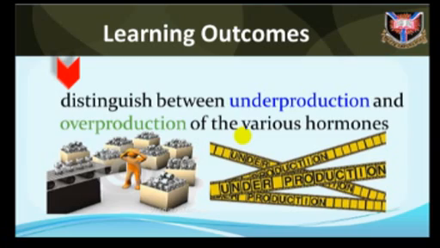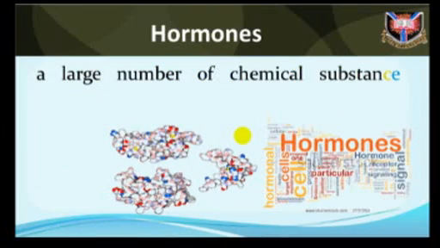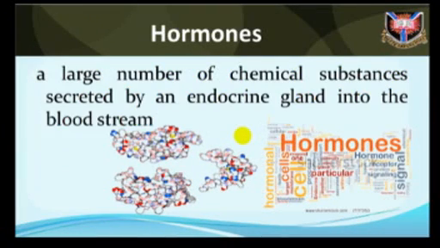Hormones. A hormone is any of a large number of chemical substances secreted by an endocrine gland into the bloodstream. This secretion is transported to another part of the body where it binds to a specific type of receptor.